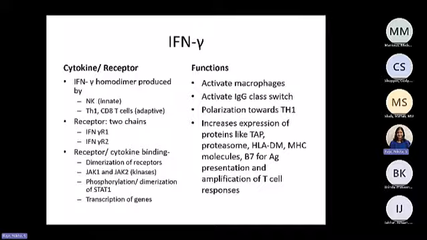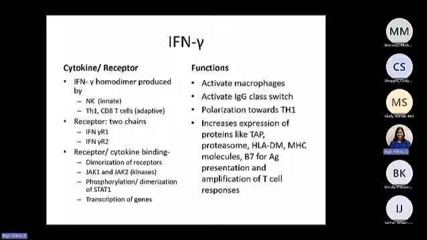The transcription of the genes that occurs helps in making the proteins that are important for activation of macrophages, activation of IgG class switching, and then helping in that positive loop, polarization towards Th1.